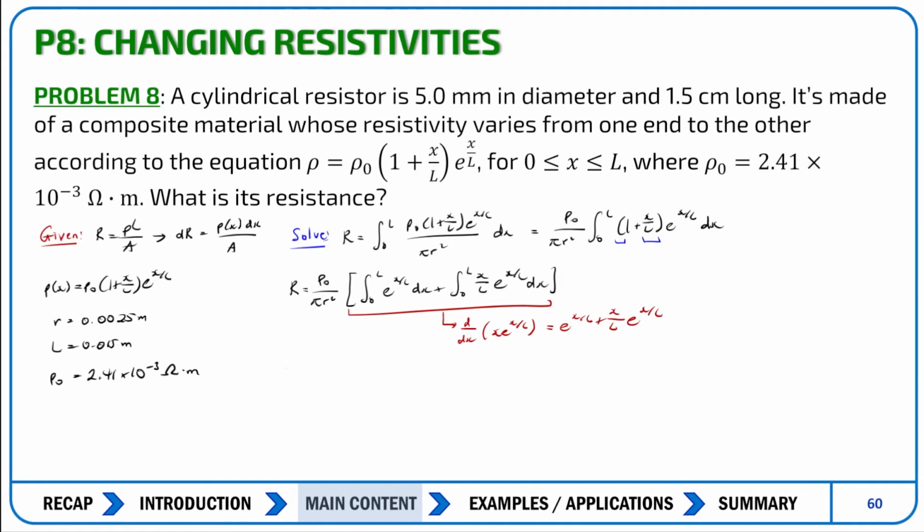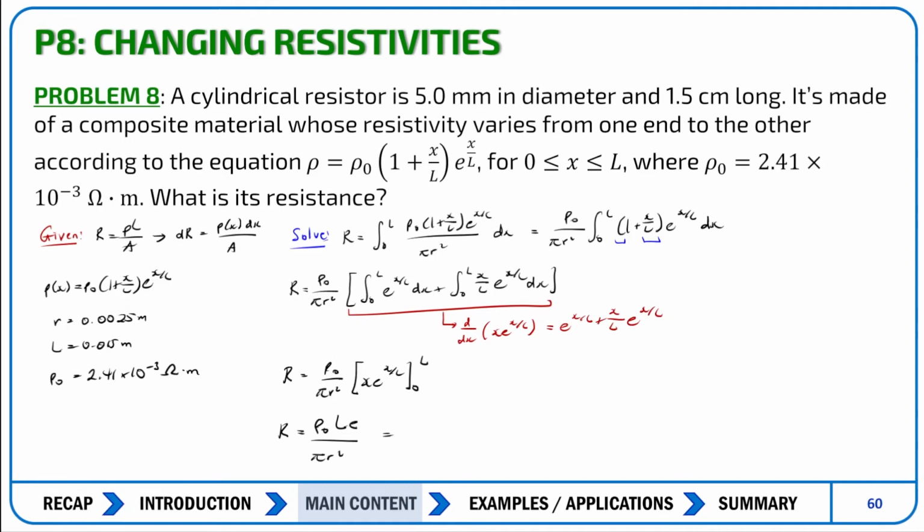And so we have R equal to rho naught over pi r squared, and that is simply x e to the x over L from 0 to L. That gives me R equal to rho naught L e over pi r squared.